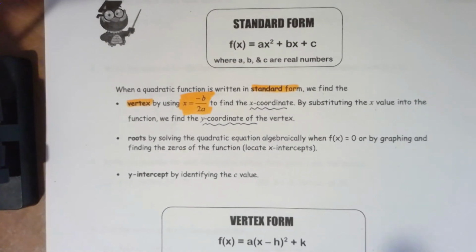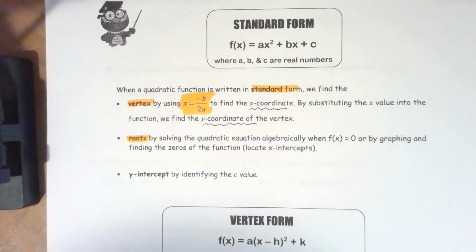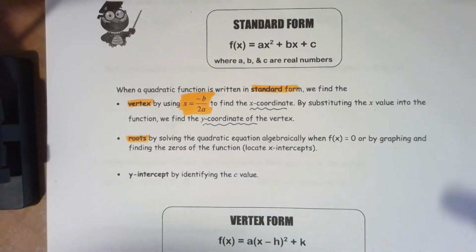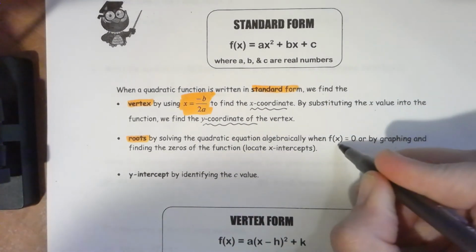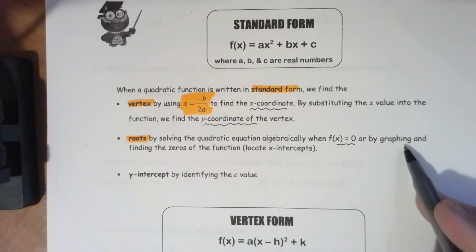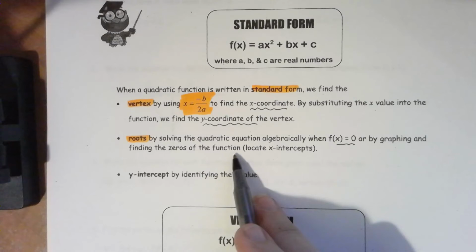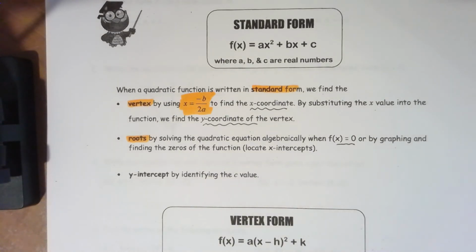Another thing that the standard form of the equation is helpful to find is our roots. We can find the roots by solving the quadratic equation algebraically. We set the y value to 0, and we can factor it. Or we could graph it and find the zeros of the function, where the parabola will touch the x-axis.